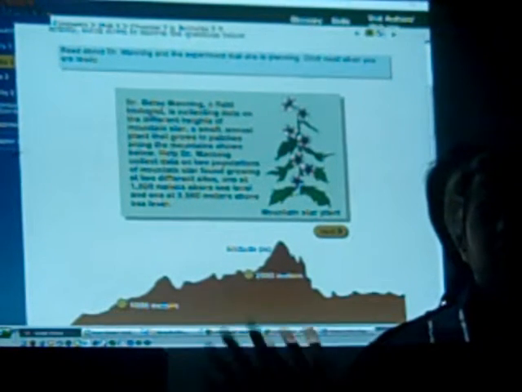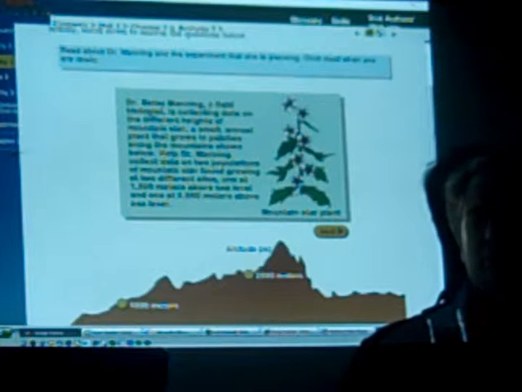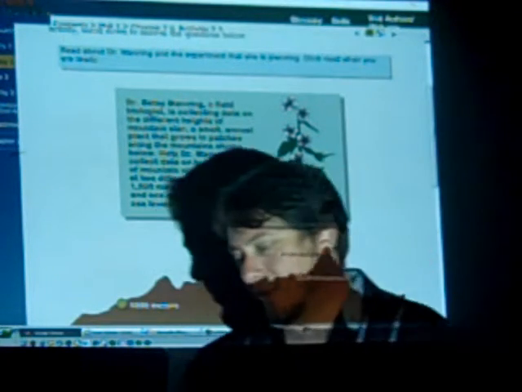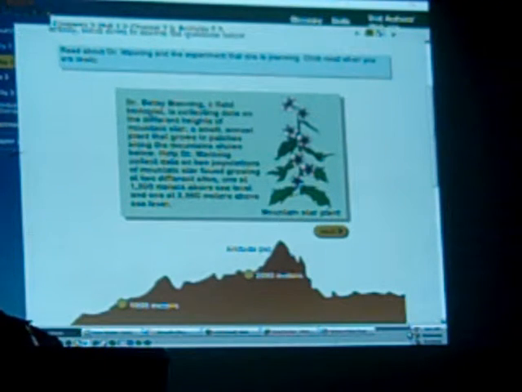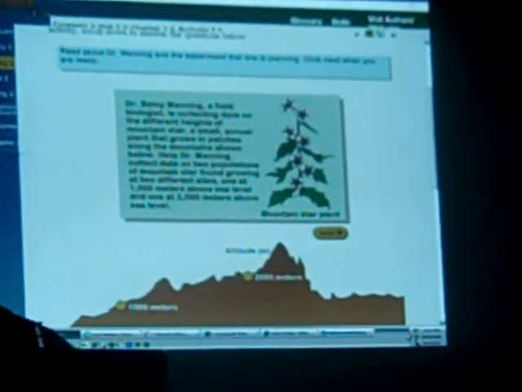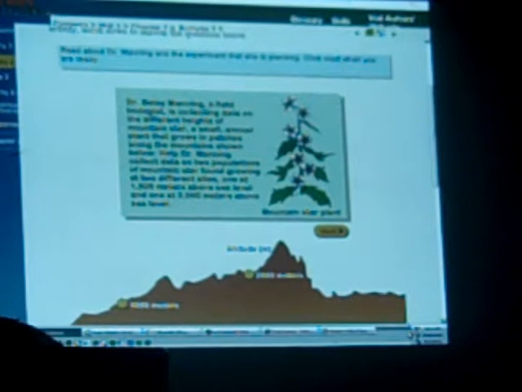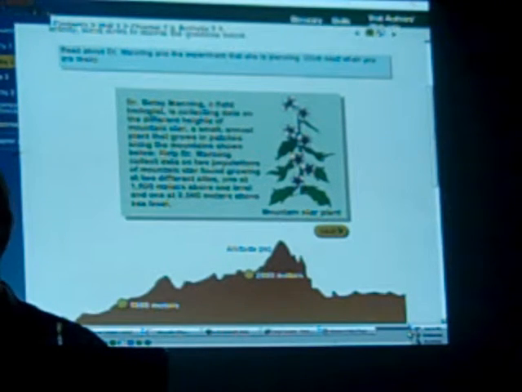I know we're in the dark and looking at this screen, but at least you get some idea of what we're doing here. We're talking about experimental design, the scientific method, and I want to use this example because I think it's a really good one of how you go from making observations to making a hypothesis to designing an experiment, interpreting the results, drawing conclusions.